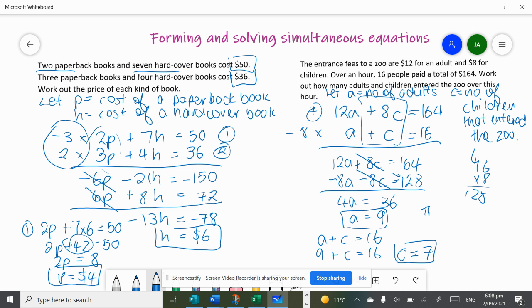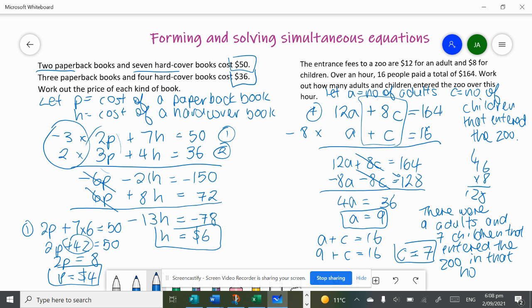So there were 9 adults and 7 children that entered the zoo in that hour. Just to finish it off, that's how you form and solve simultaneous equations.